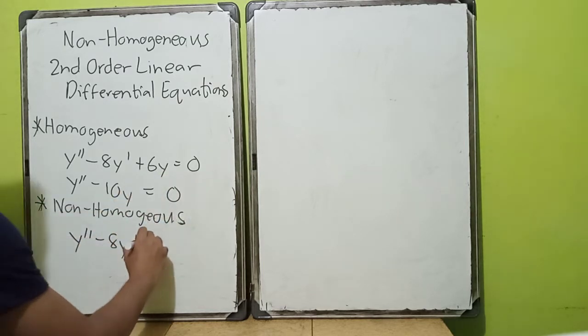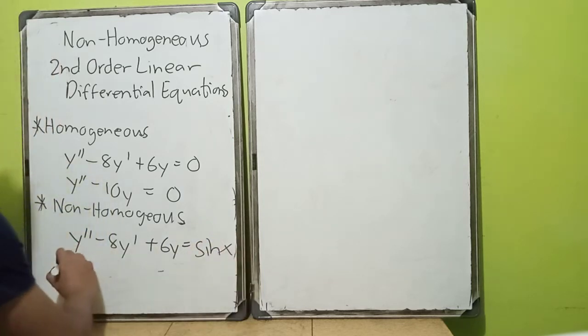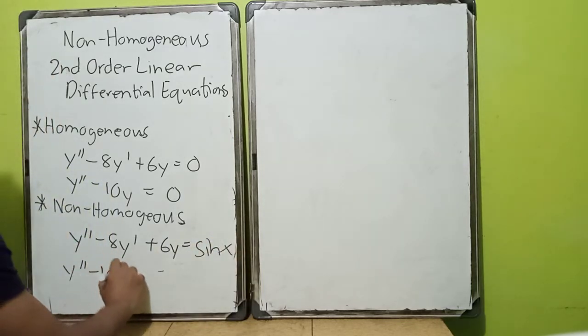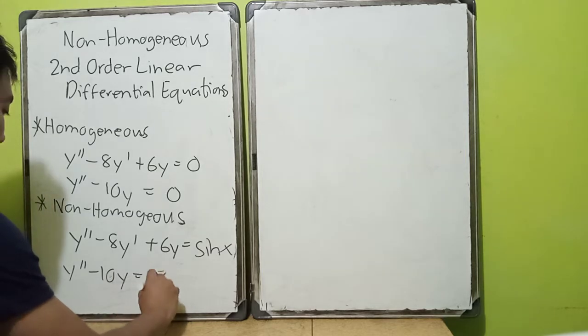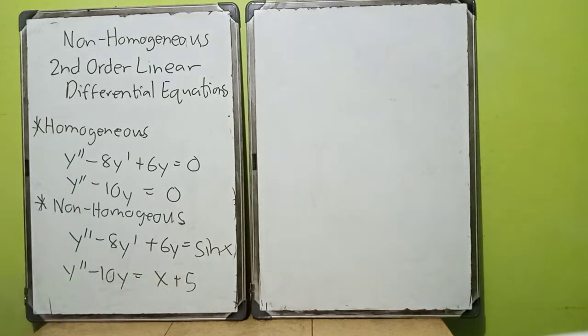Ganito yung forma niya. Pwedeng ganito, pwedeng ganito. Yan. So, yan yung pagkakaiba ng homogeneous tsaka ng non-homogeneous.